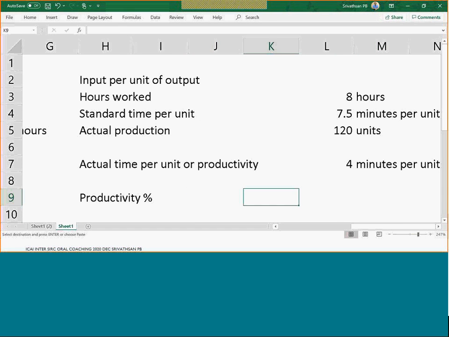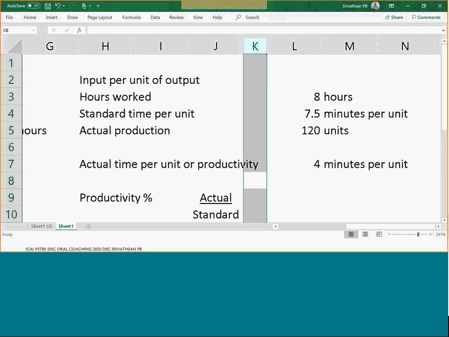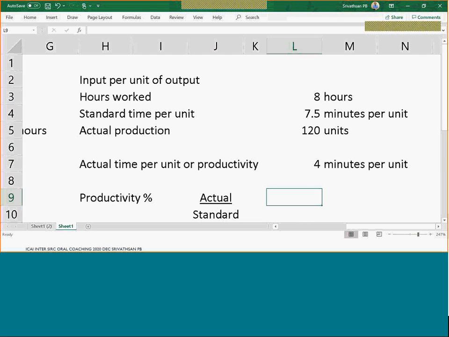Now, it should tell me, on a base of 100, in terms of performance or productivity percentage, whether it is better than expectation or worse than expectation. Is the team better or worse?